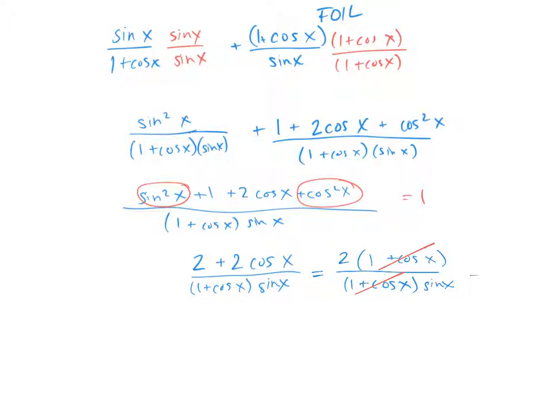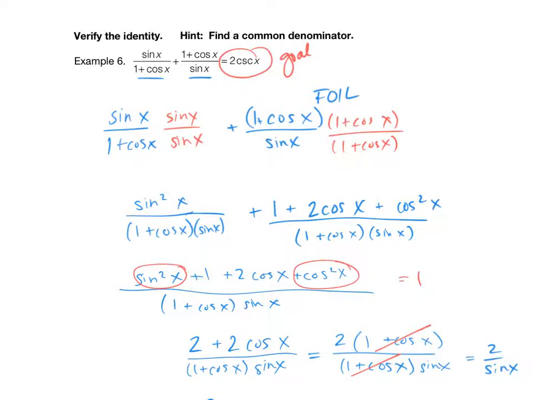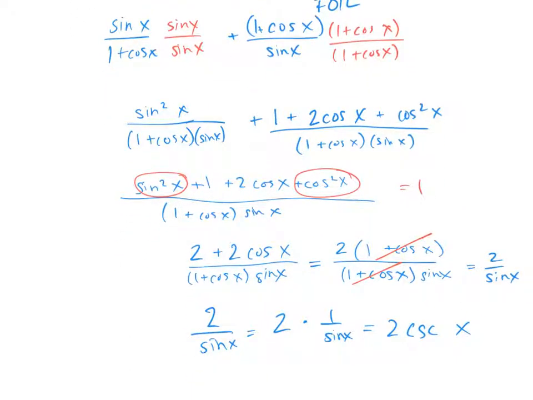So I just have 2 over sine of x. 2 over the sine of x equals 2 times 1 over the sine of x, which equals 2 times the cosecant of x, which if I scroll back up, that was indeed my goal, and so I am done.